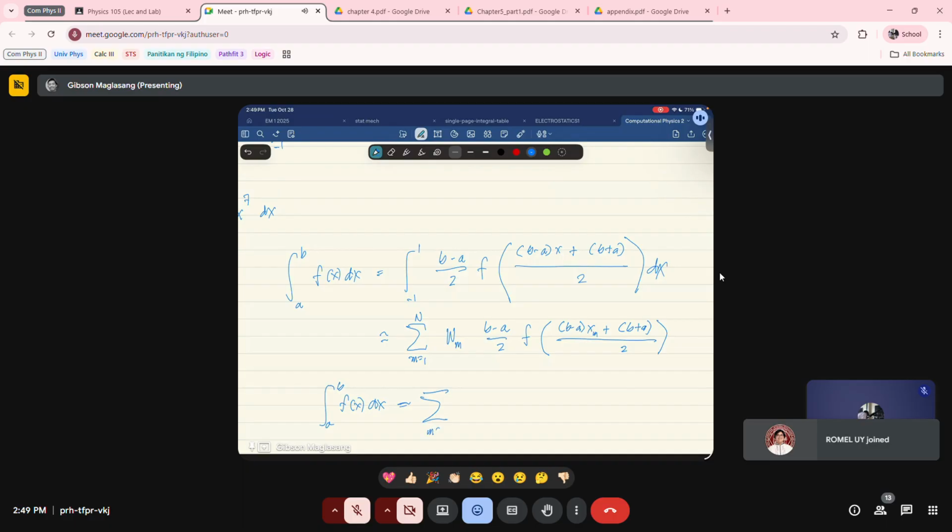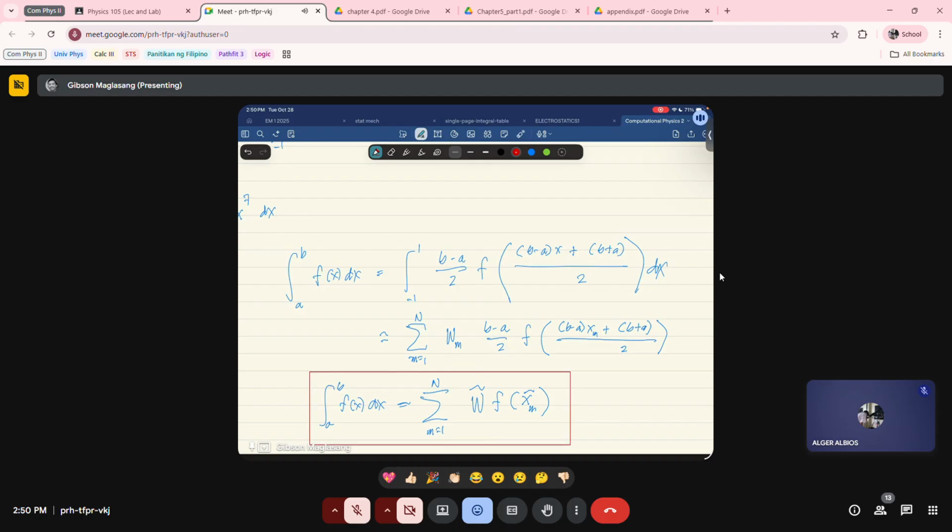Sum over m equals 1 up to n. So this would be w tilde. It's a different w now. F of x sub m tilde. So it's the same form as the earlier one. Only your w and x are different.